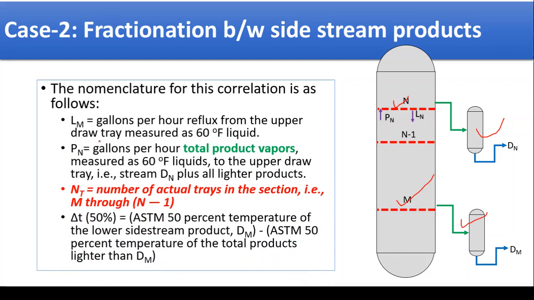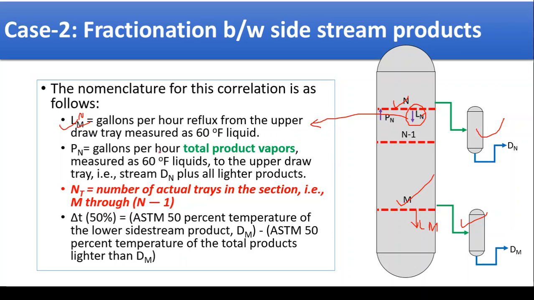For example, the LM value is given here, gallons of reflux for the upper tray. Sorry, it should be LM value, otherwise there will be confusion.